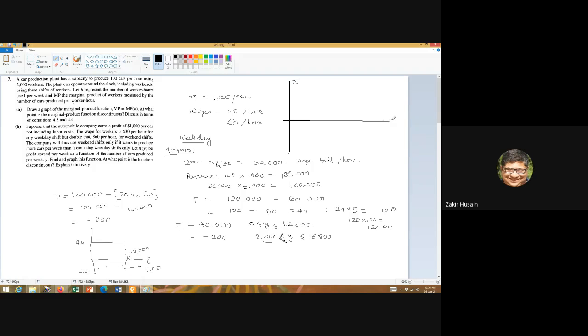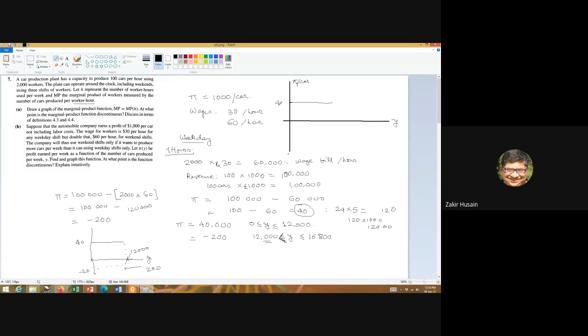So this is your profit, and this is how many cars you produce. So this is actually profit per car. If you're going to sell more and more cars, this is your profit. Okay.